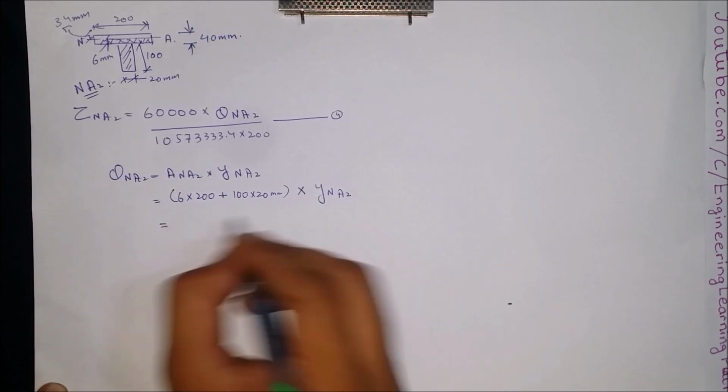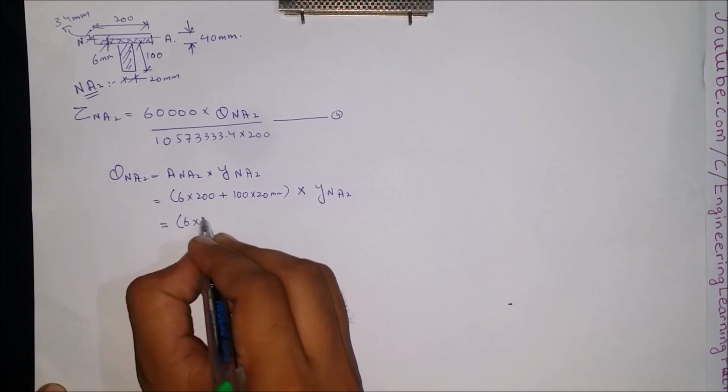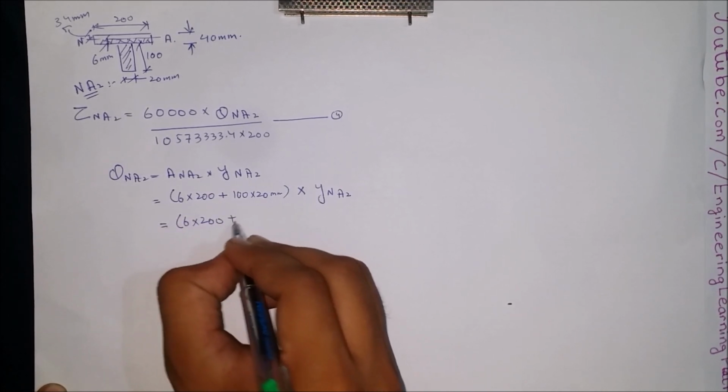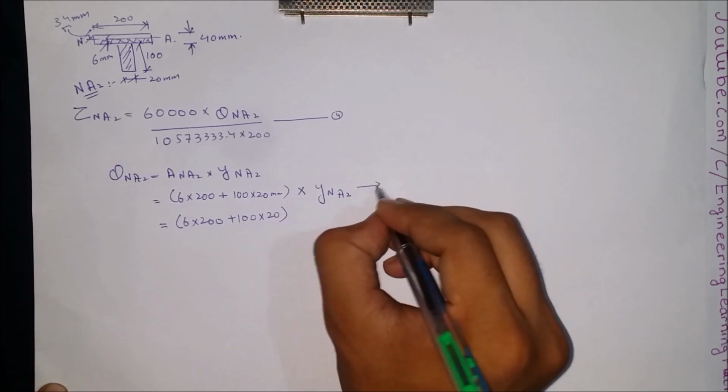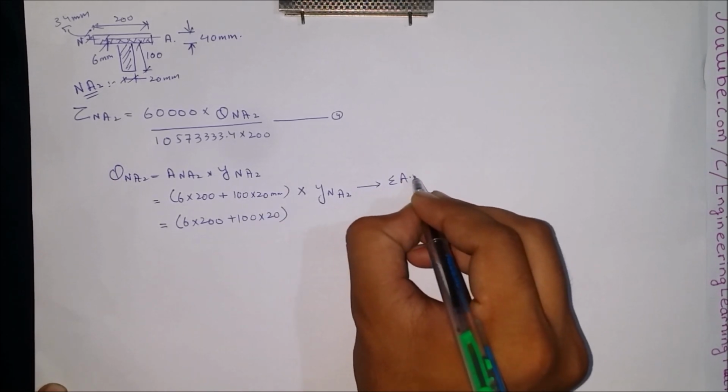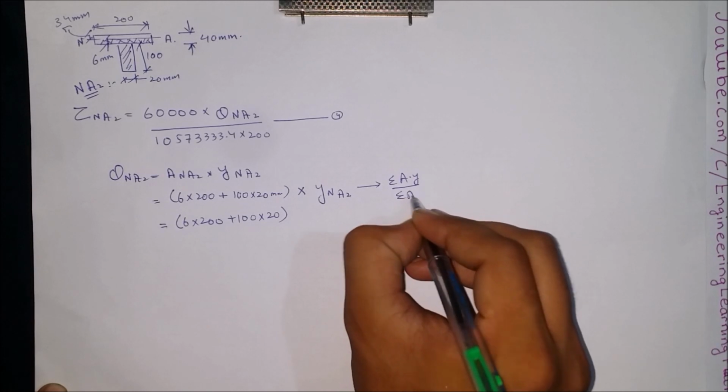We will find out the centroid directly, as we previously discussed in the videos. Centroid is summation of A dot Y divided by summation of area.